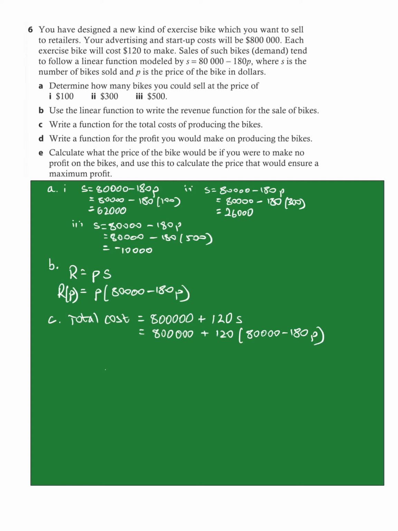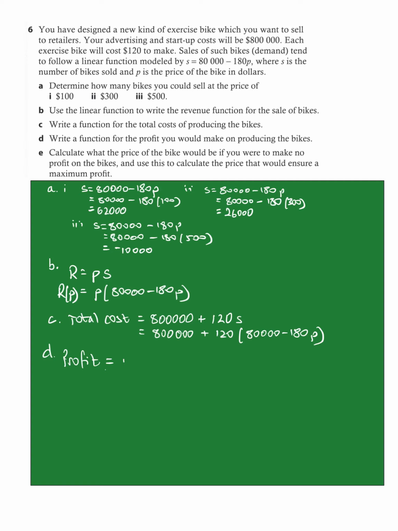Let's have a look at D. Now in D it says write a function for the profit you would make on producing the bikes. Well, profit will equal the revenue minus the costs. So we saw here our revenue was this. Okay, so it's that minus the costs, which is that.